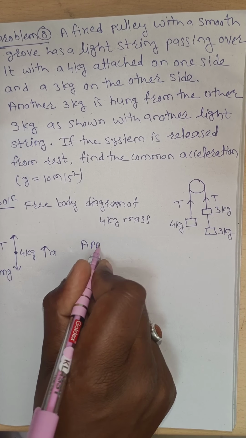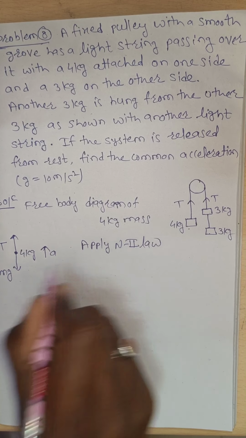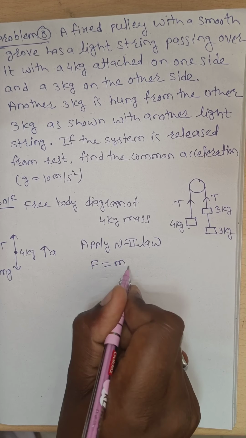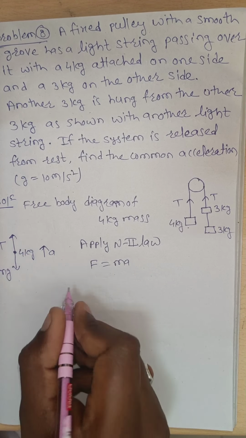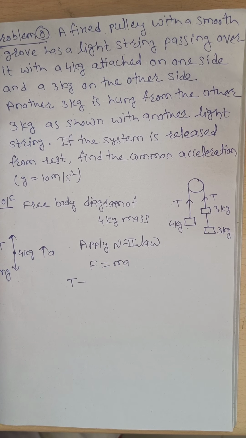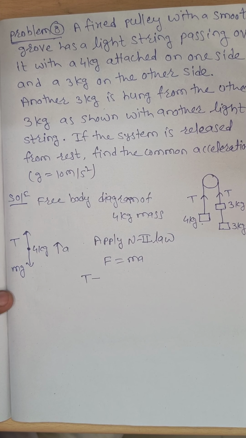Therefore apply Newton's second law. What is Newton's second law? F is equal to ma. The net force is the tension in the upward direction minus the gravitational force in the downward direction.